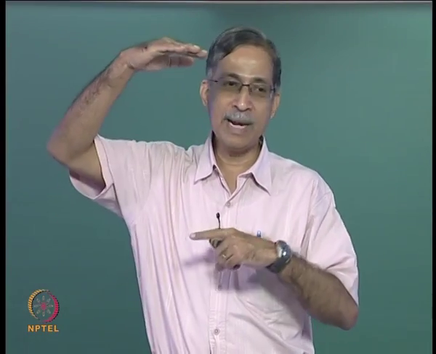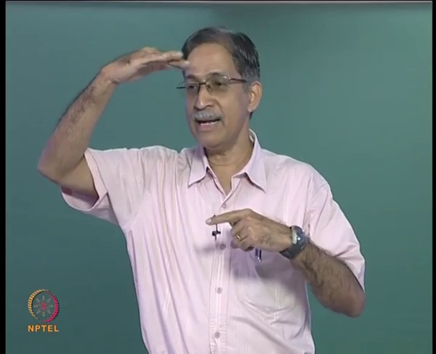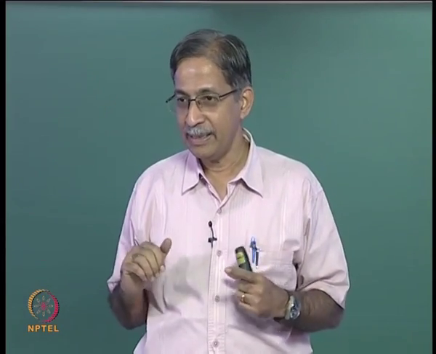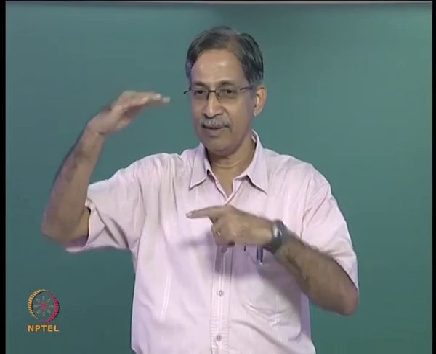Okay, a braced column is a column in which you do not have any chord rotation. That means the two ends of the column will not have any relative translation between them. In an unbraced column you have relative translation. So the second case is unbraced, the first case is braced.